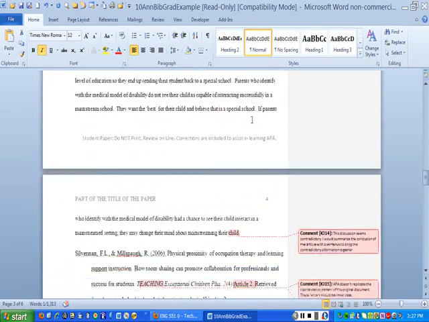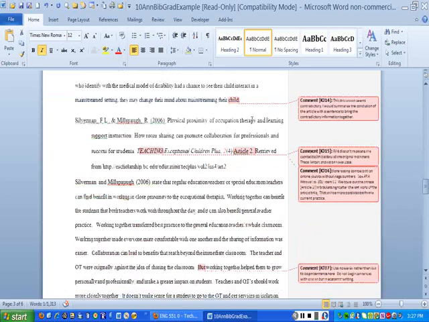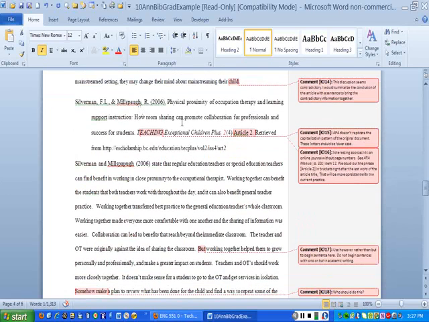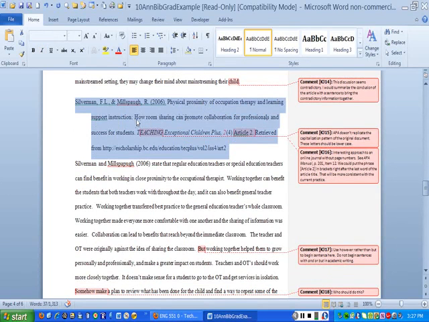Okay, no, I'll wait for the next one. Here it is. Silverman, FL, and Millspaw, R, 2006. Now, the capitalization is correct for this long title, including the capital H after the colon, the capital P at the beginning.